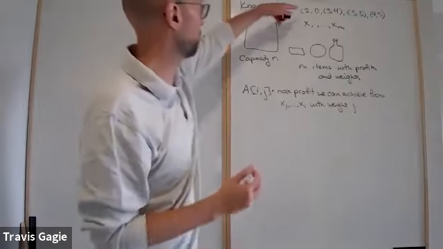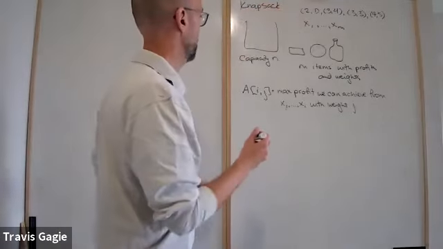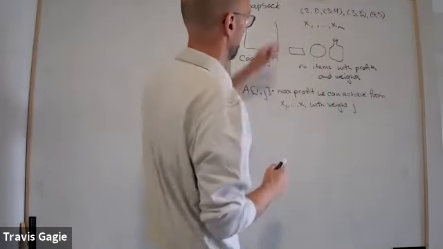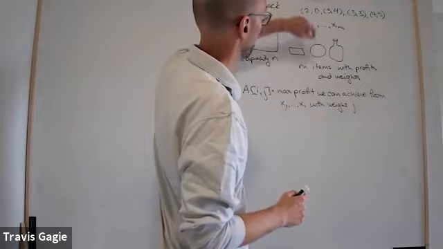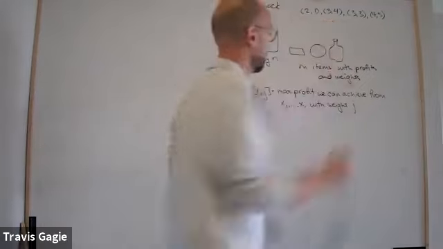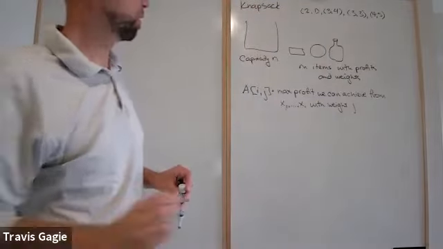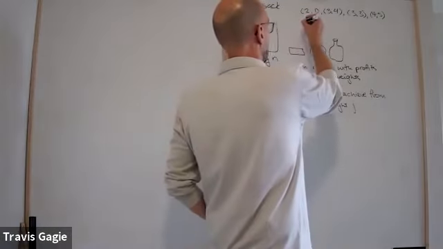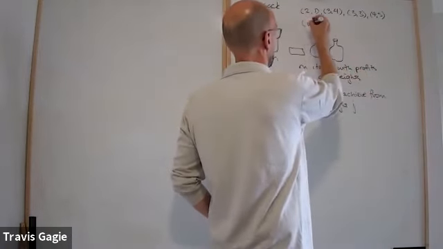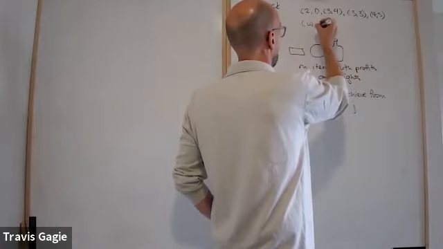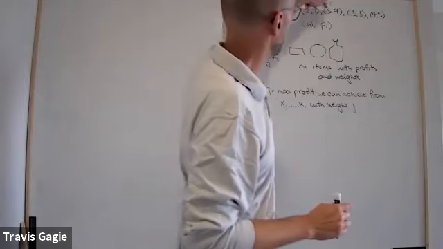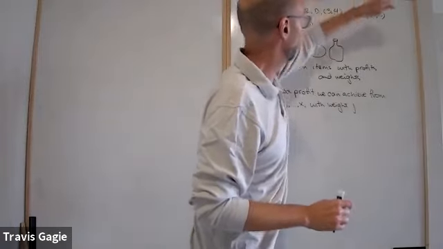So this is an example. This is in general capacity n. So let's say that these are our items, weight i, profit i. And this is 2, 1, 3, 4, 3, 3, 4, 5.